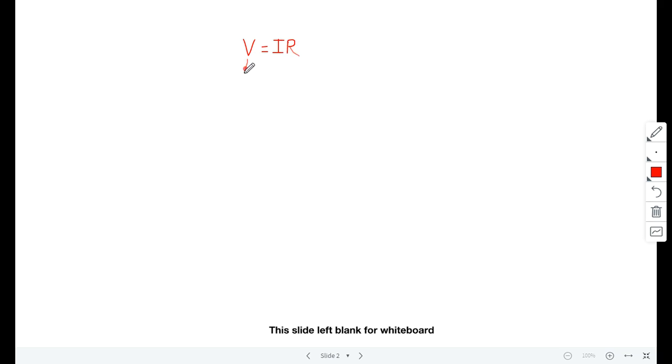So this is your potential difference, this is the electric current, and I is what? I is for current and R is for resistance.